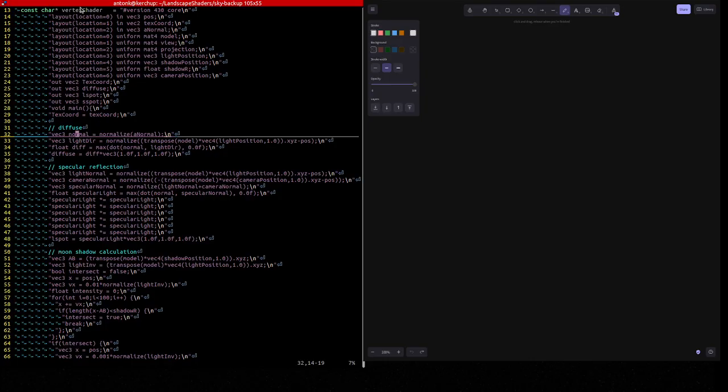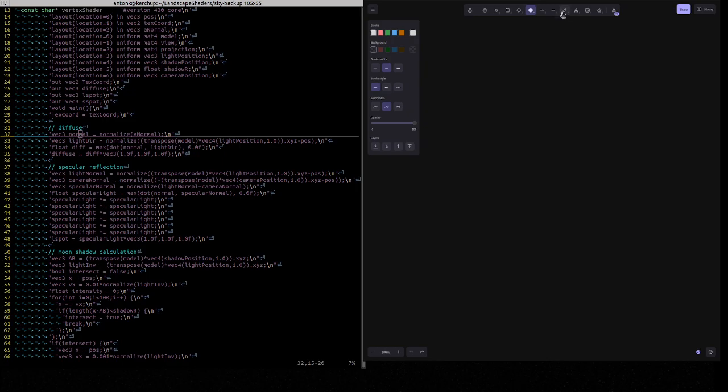So this is the vertex shader. The normal of the vertex, essentially, since we have a sphere, we know that all the normals point outwards, right? So the normals would point away from the sphere.